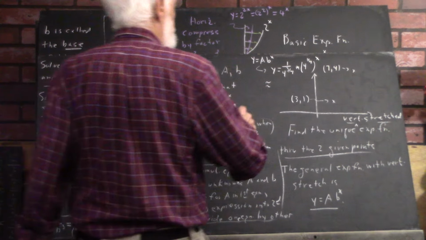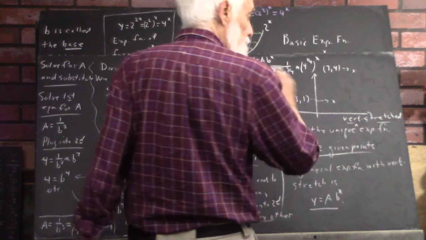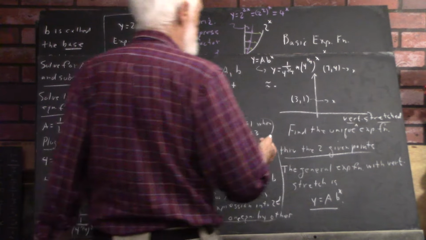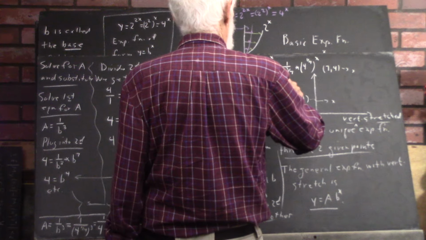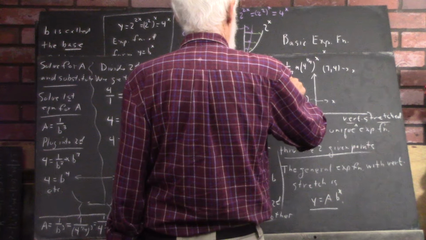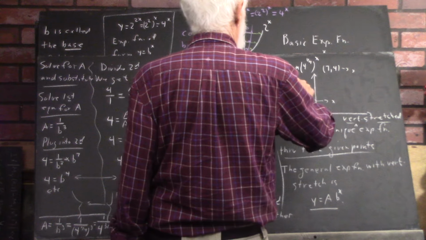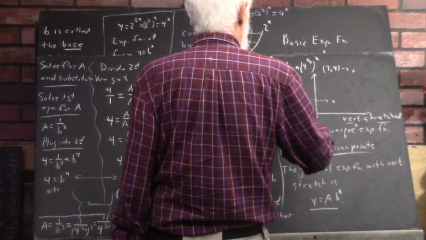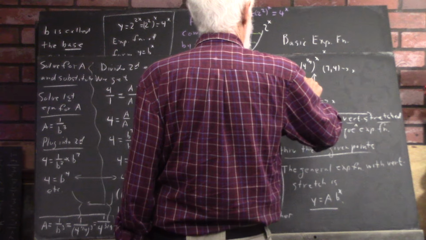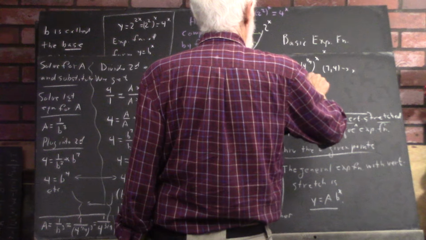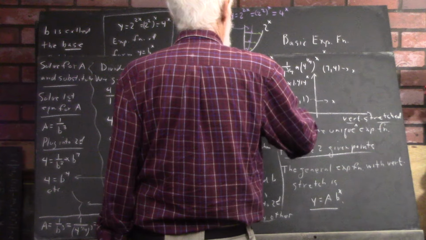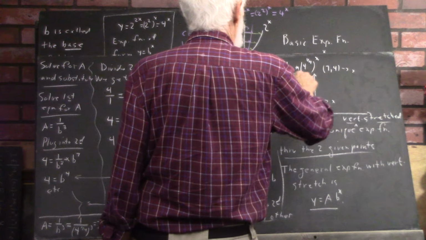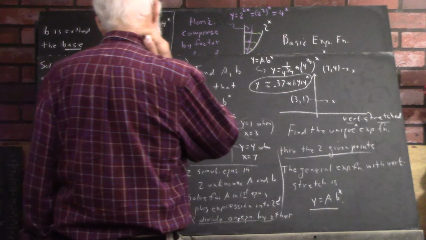So I'm going to say it's approximately, and of course your calculator would give you a number for this. You run these numbers in your calculator, you're going to get approximately, I would say, 0.37 times 1.414 raised to the x.